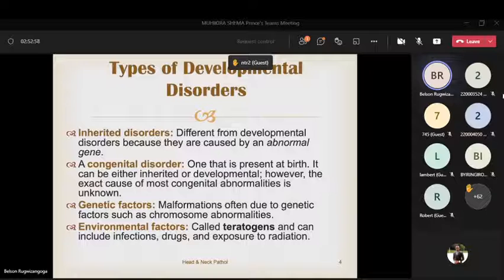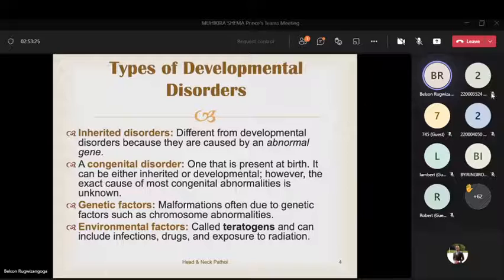It can be either inherited or developmental, meaning it can be caused by genes you inherit from the parents, or it can be just due to developmental defects that happened in utero, but which were not from the genes from parents. However, the exact cause of most congenital abnormalities is not known.